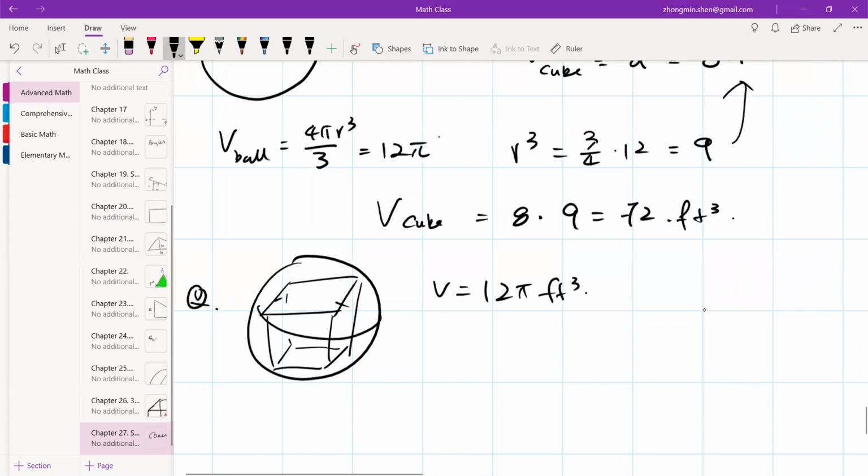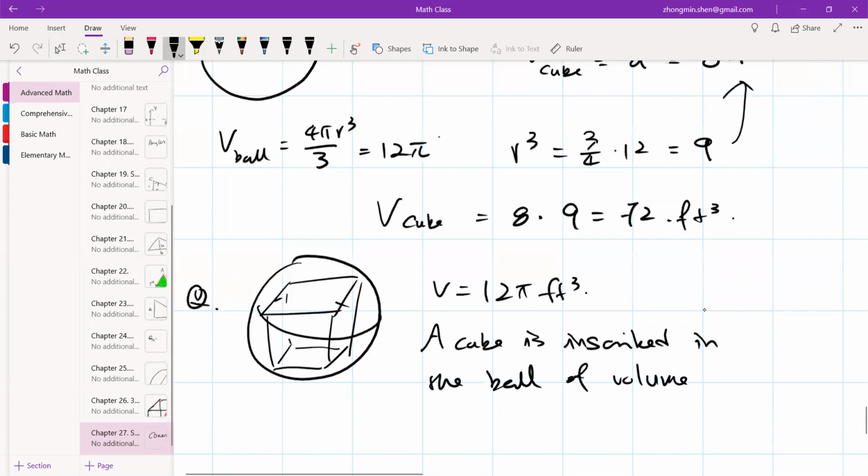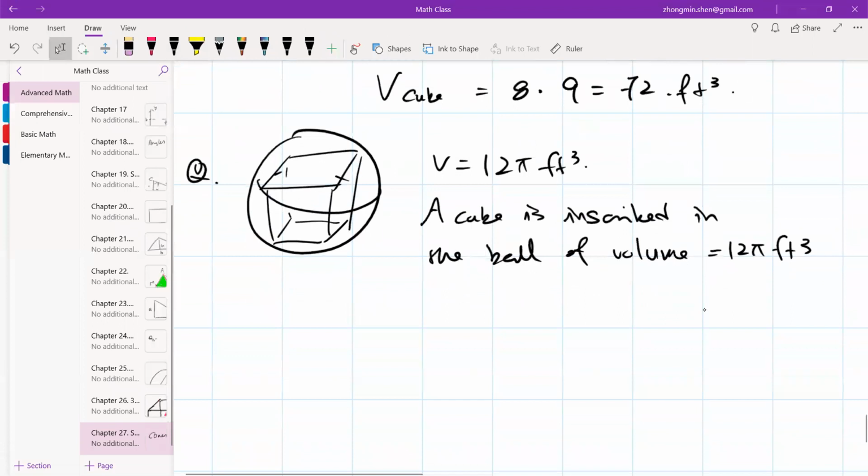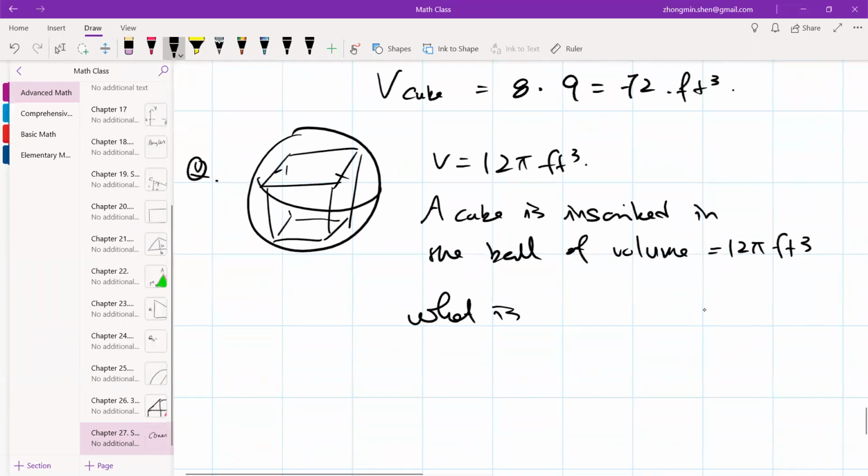So what is the volume of the cube? A cube is inscribed in the ball, of volume 12 pi cubic feet. What is the volume of the cube?